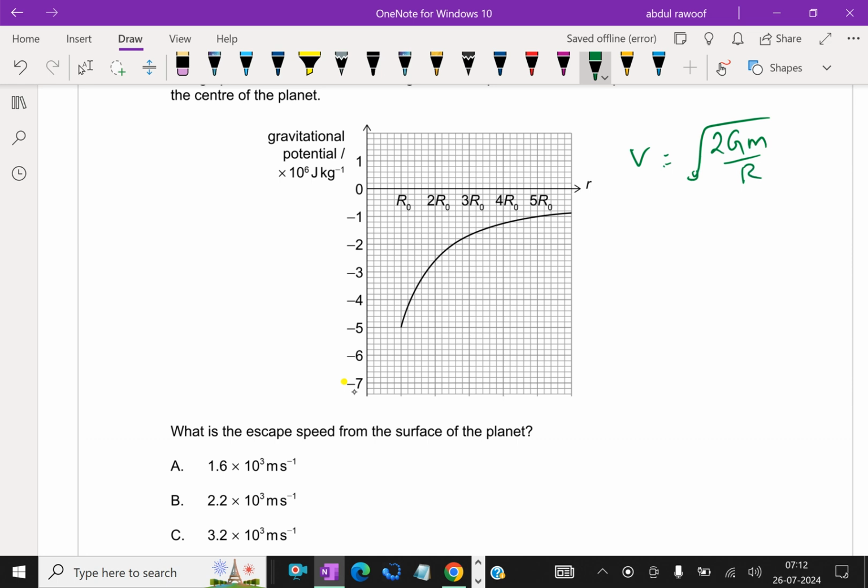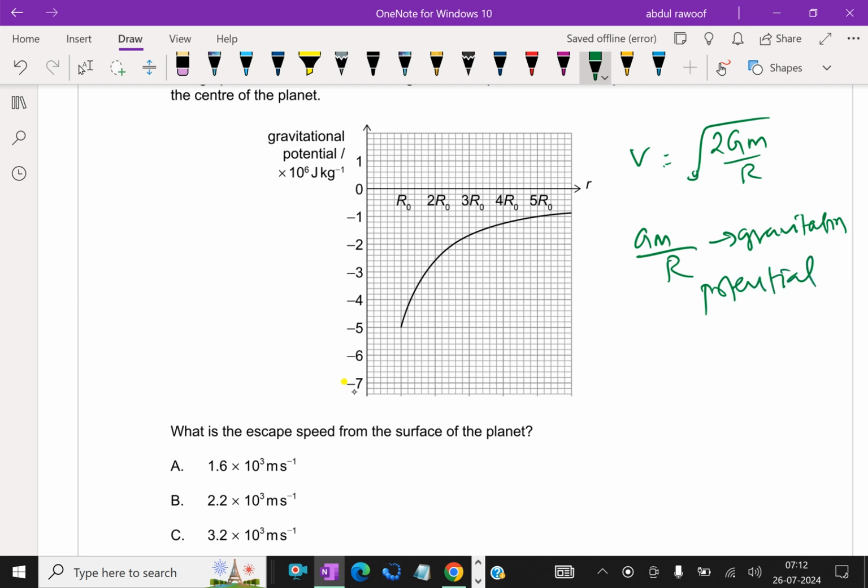That GM over R is called gravitational potential.